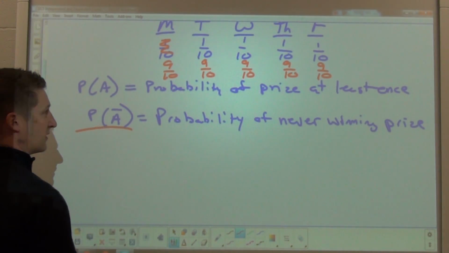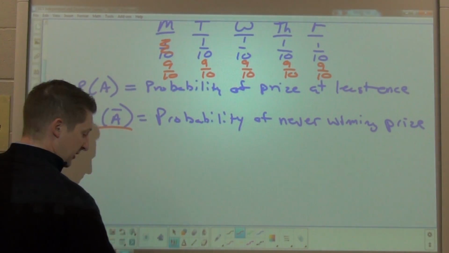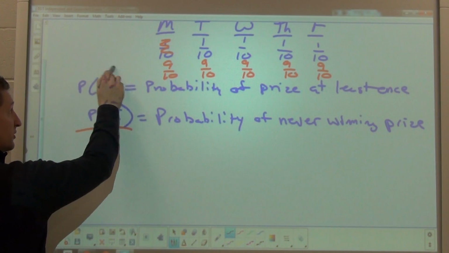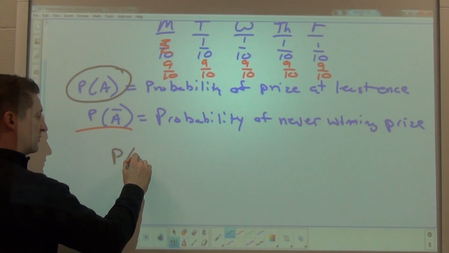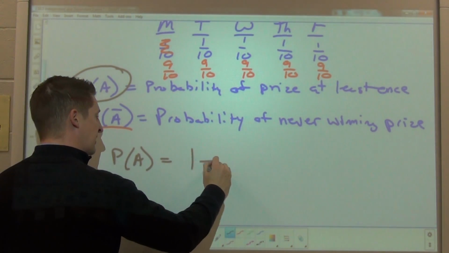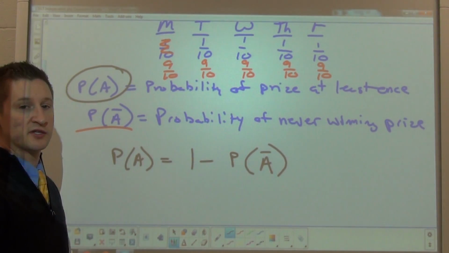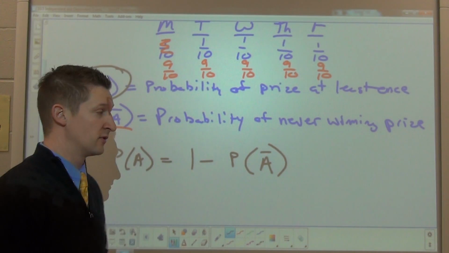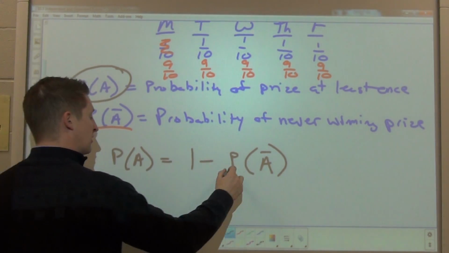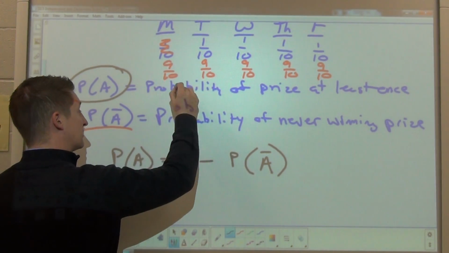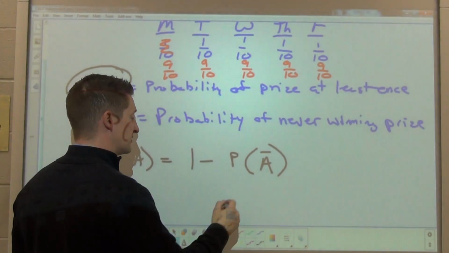So, the probability of event A happening, which is really what we want in this problem, is equal to 1 minus the probability of A bar, the complement, which in this case is much easier to figure. Because I know the probability of that happening is the same each day. It's 9/10 each day.